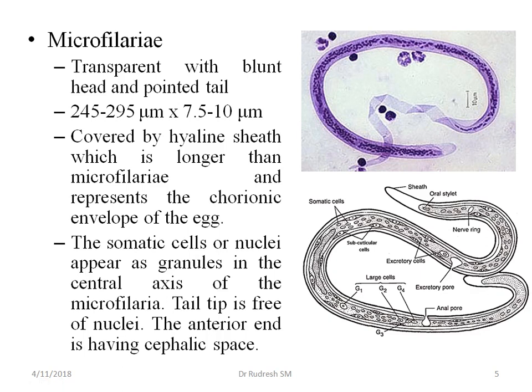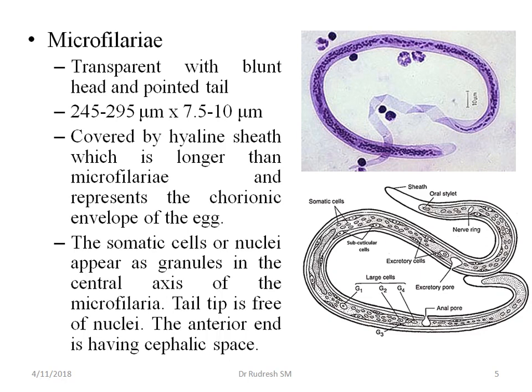There are various somatic cells, and their nuclei appear as granules in the central axis of the microfilaria. The tail tip is free from these granules or nuclei, and this is one of the characteristic features which helps in identifying the microfilaria of Wuchereria bancrofti from the other two species.